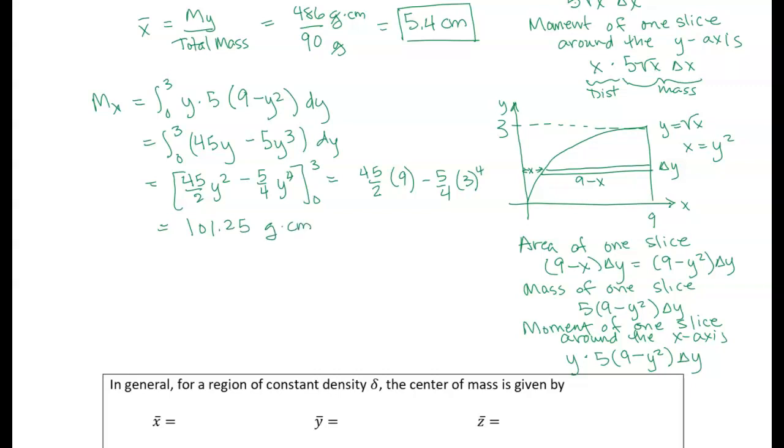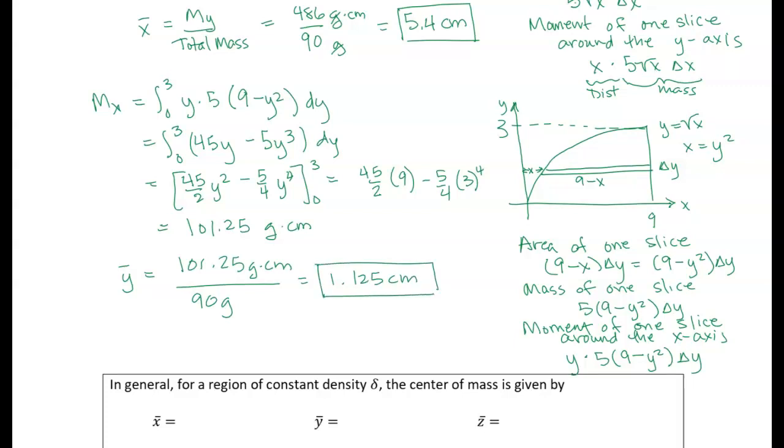That's my units. So I can find the y-coordinate of the center of mass by taking the moment around the x-axis, 101.25 gram-centimeters, and dividing by the total mass, 90 grams. When I do that, I get 1.125 centimeters.